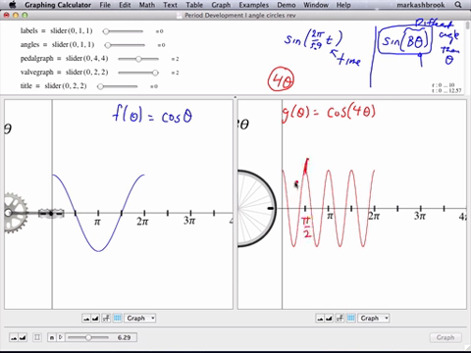That's one period from there to there. When you multiply by 4, the period of your graph is 1/4 of what it was. If you're multiplying by 4, it's going around 4 times as fast, so the period is going to be 1/4 as long. And the period of F is still 2 pi.